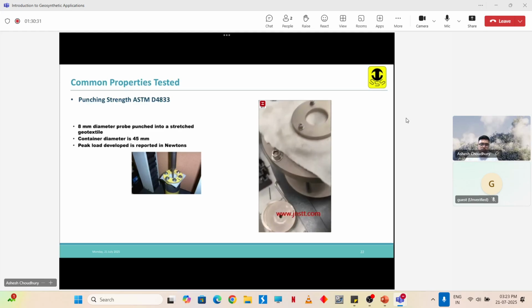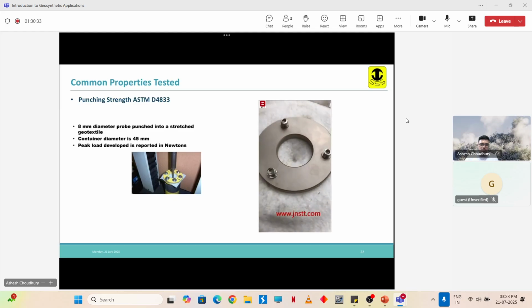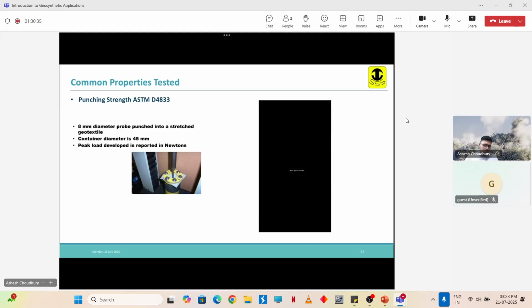And you can see that there is a punched part in that geotextile, and we measure the peak load that was recorded during this experiment.